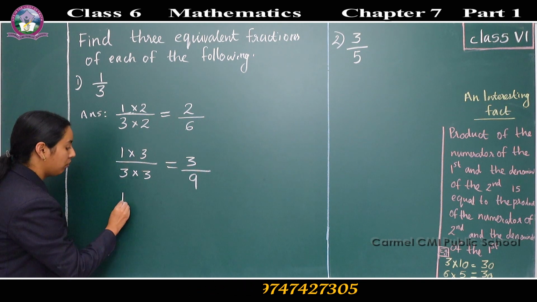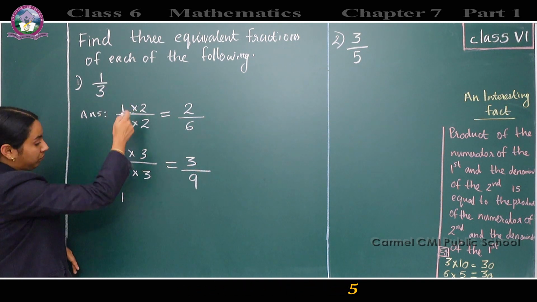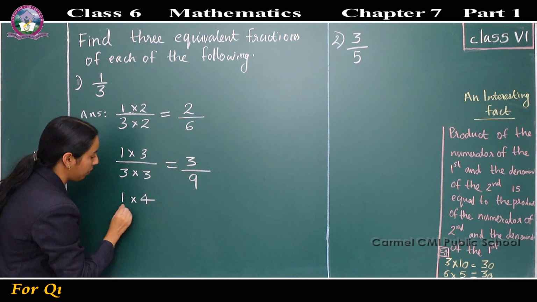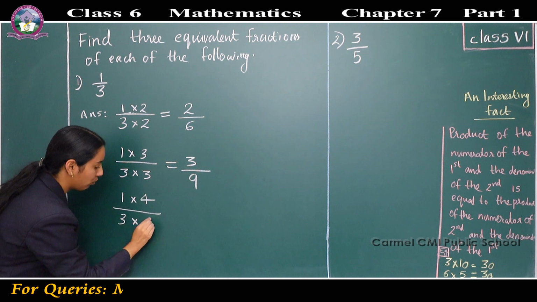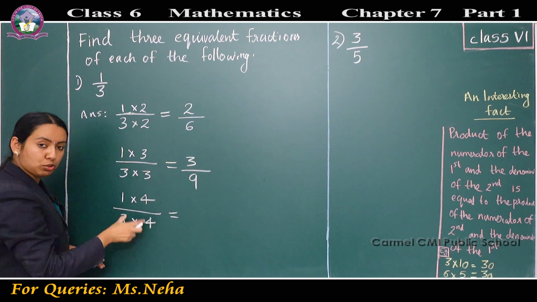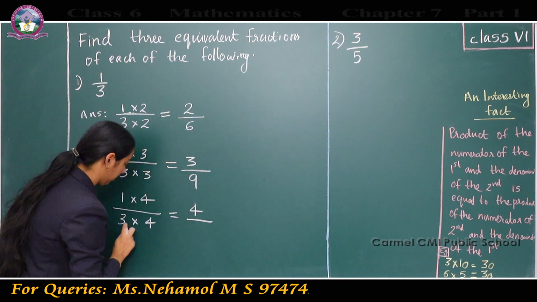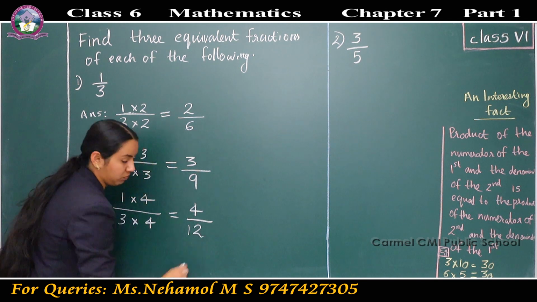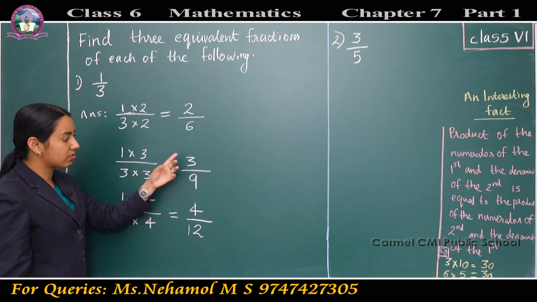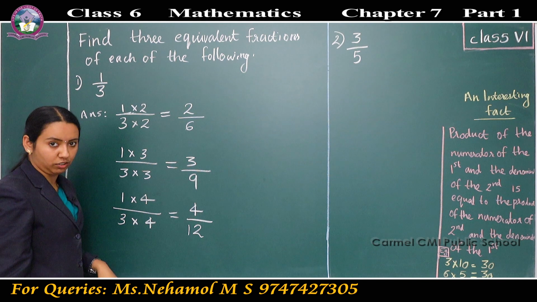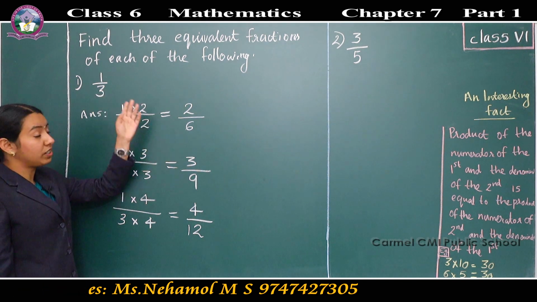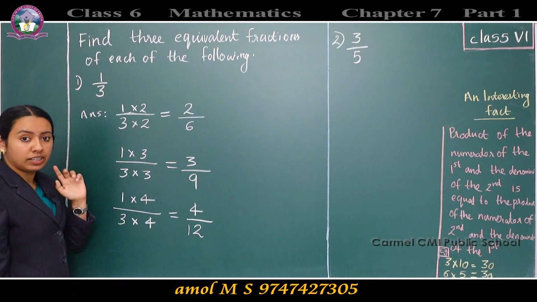Now we can take 4. 1 into 4 by 3 into 4. Multiplying both numerator and denominator by 4. 1 4s are 4, 3 4s are 12. Then 2 by 6, 3 by 9, 4 by 12 are the 3 equivalent fractions of 1 by 3.